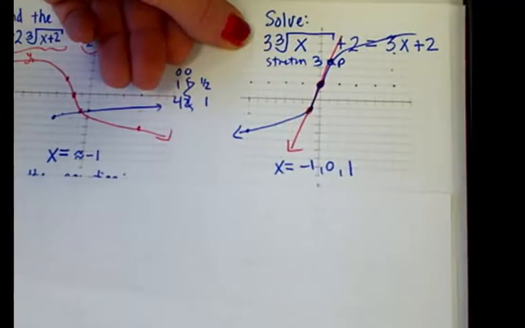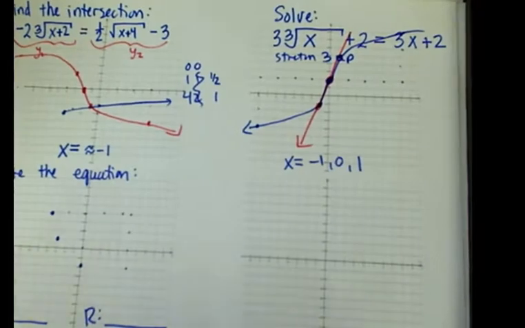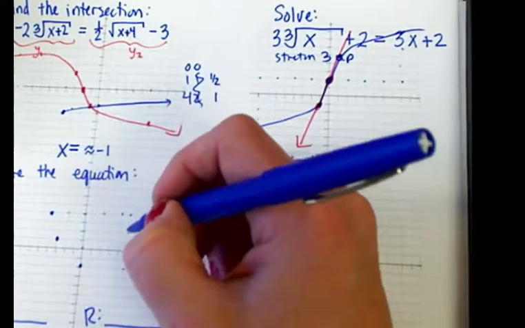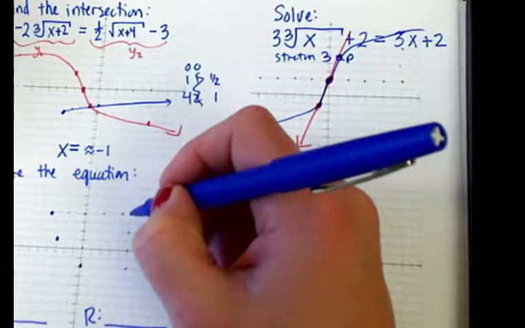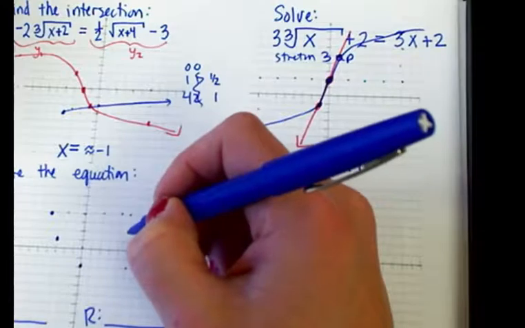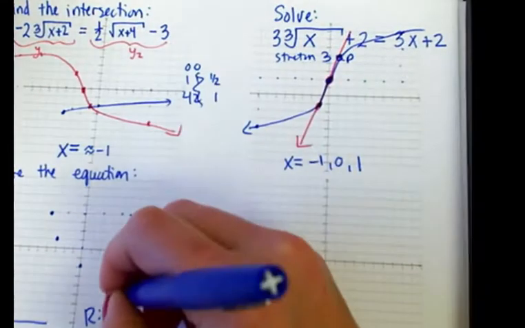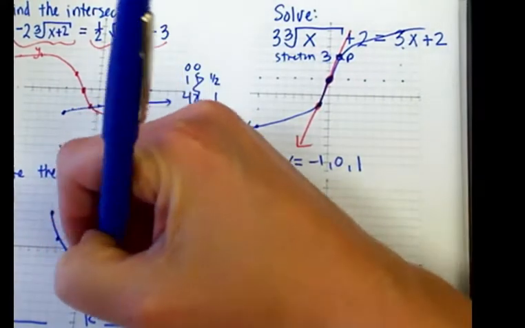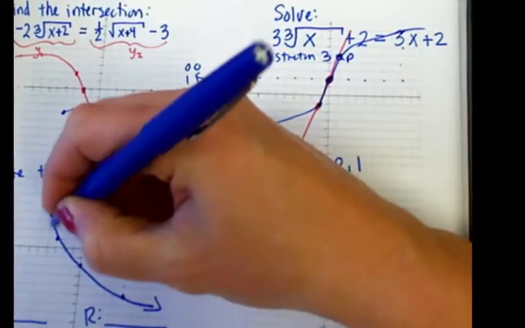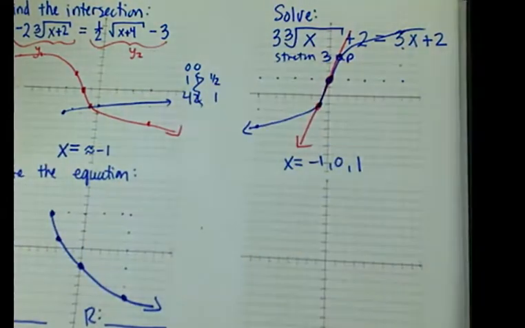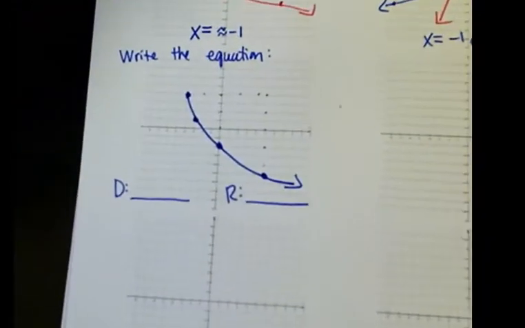Okay. Different question. Write the equation of this graph. 1, 0, and -1. 1, 0, -1. Okay.